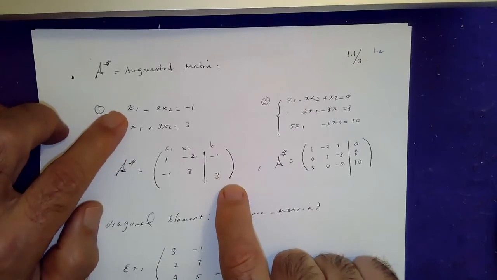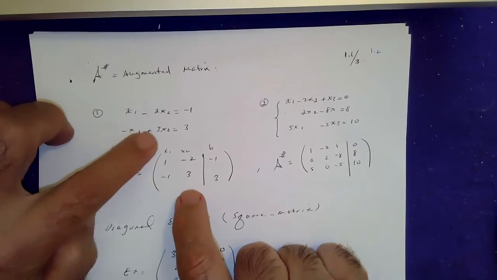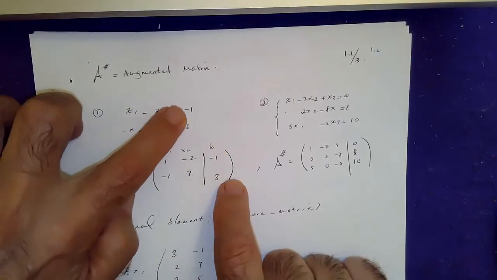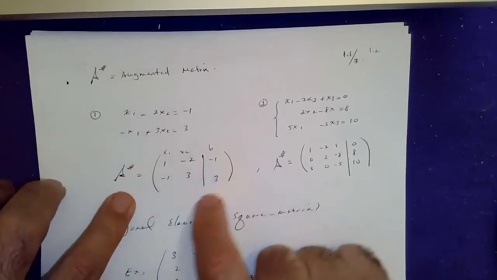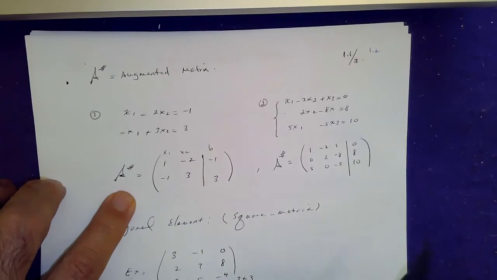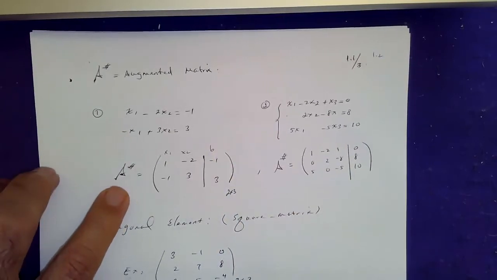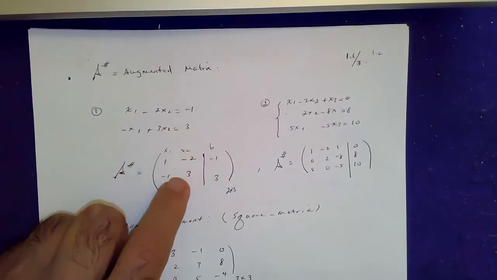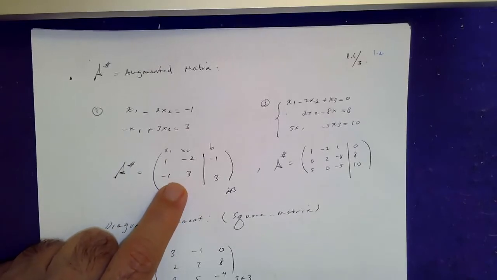So in this system, the coefficients are 1, -2, -1, 3, a line separating coefficients from constants on the right side, -1, 3. This matrix, which is 2 by 3, is called an augmented matrix. We augmented the constants to the matrix of variables.